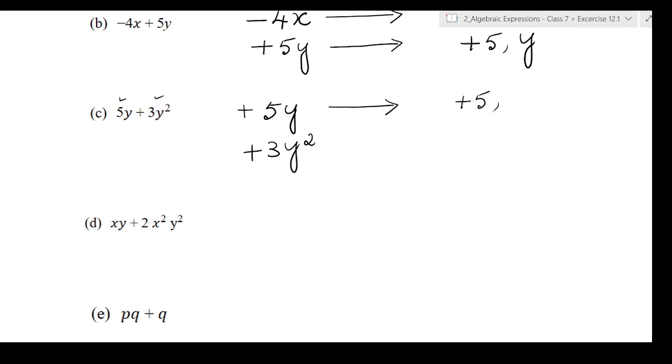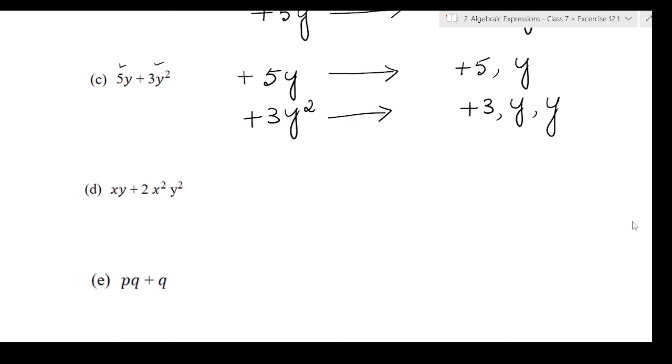It's plus 5 and y. What are the factors of 3y square? It's plus 3 and y and y. Okay, remember the tree diagram? The same way we are doing it over here, but we are writing it in a table form.